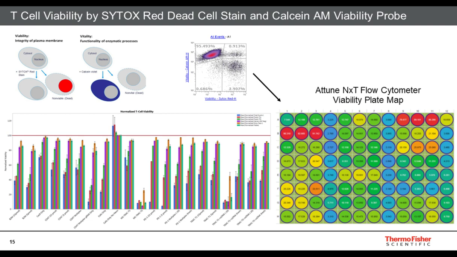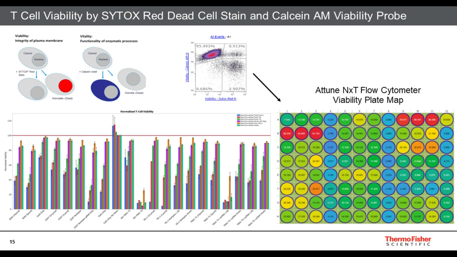So, here's another example of using flow cytometry to get that additional level of data. Here I've used just two dyes, Cytox Red and calcium AM. One is a membrane permeability dye, so Cytox Red will enter the cells if the membrane has been compromised. And then the calcium AM is a vitality dye. You can see that there are a couple different populations here, right?